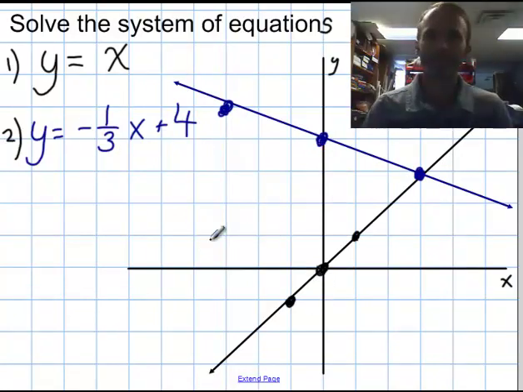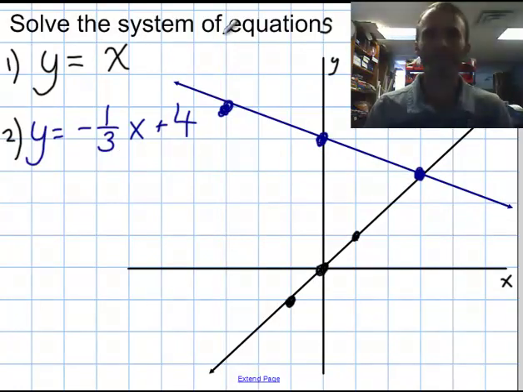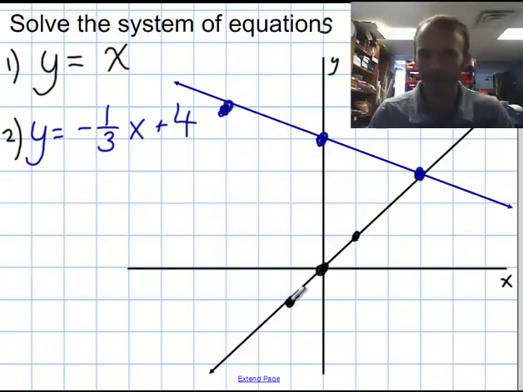Alright, if you look at this, well, we just graphed both of our lines. And now what we're looking for is what value satisfies both of these equations. One equation represents all the solutions to a particular graph. So y is equal to x. These numbers that lie along here, if you look, -1, -1 lies on the graph. 0, 0, 1, 1, 2, 2.